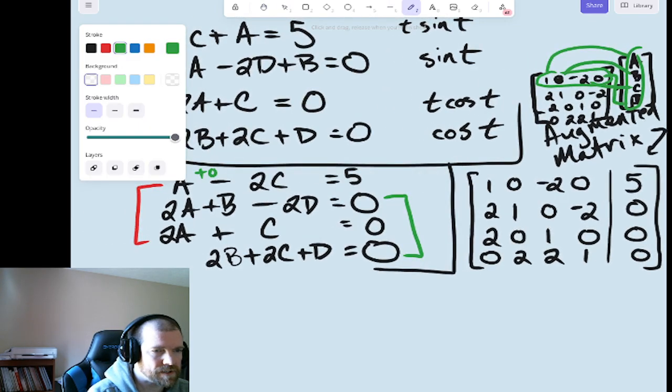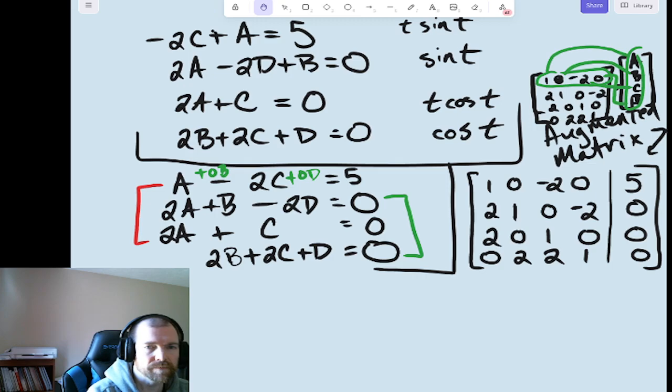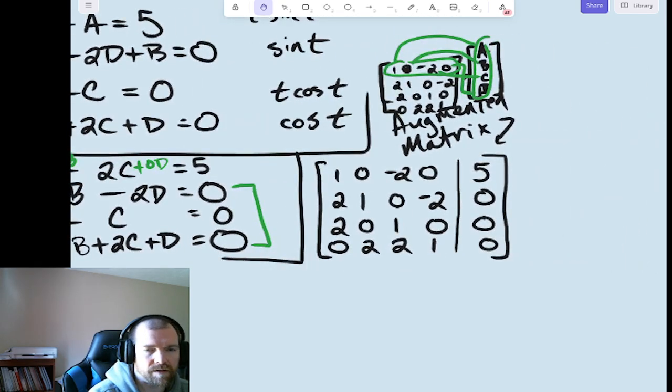This is plus 0b minus 2c plus 0d. Right, that's what we see in here as well. And likewise for the other three, the exact same thing works.